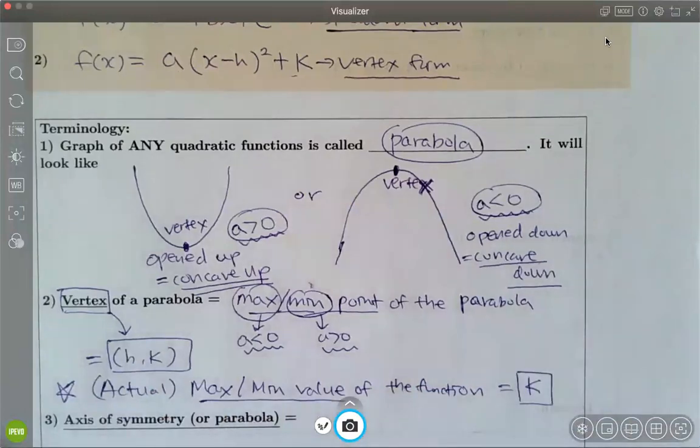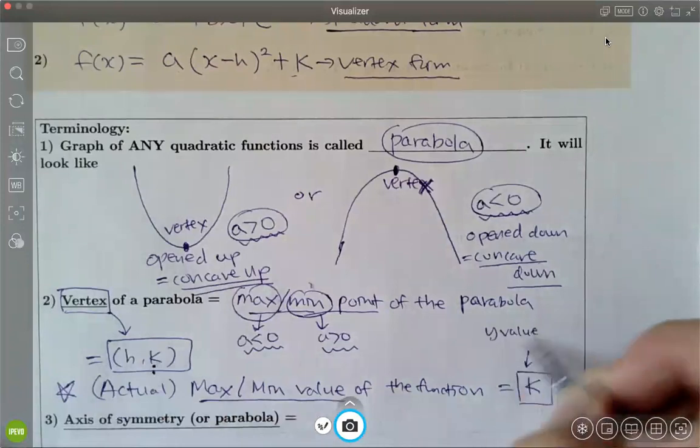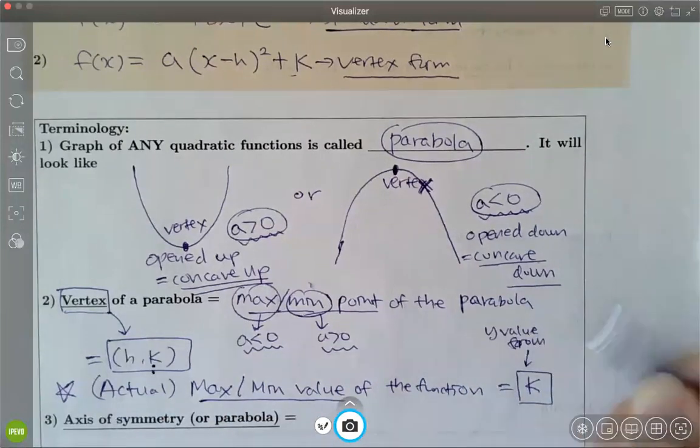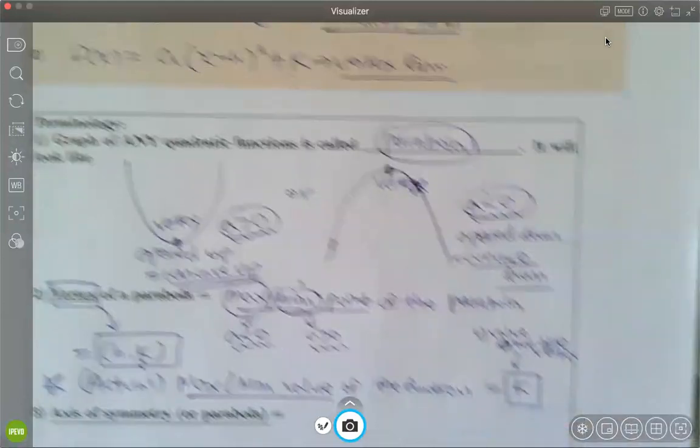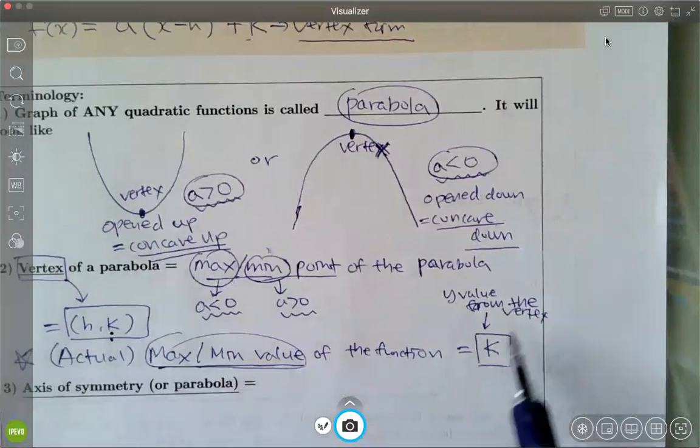And what does K represent? The Y value from the vertex. Okay, so the actual maximum or minimum value means the K, not the entire vertex. So be careful with that.